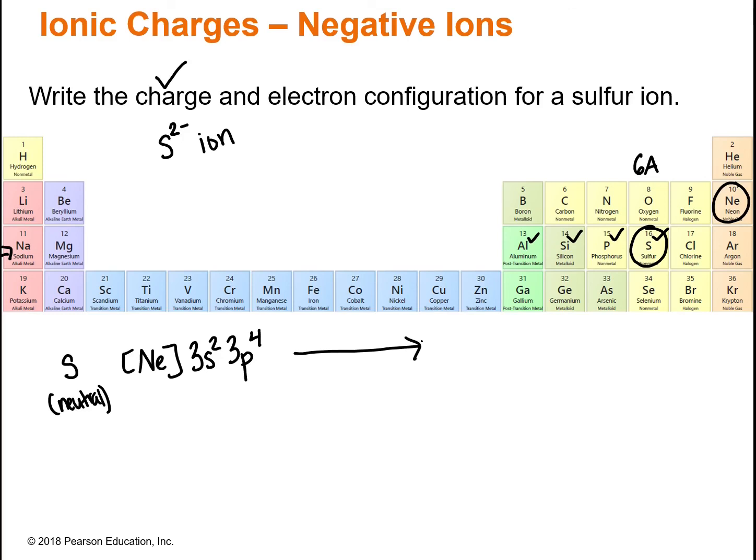Now we have a negative charge here, so that means that we are adding electrons. The charge tells you how many electrons you're adding. We're going to add on 2 electrons. The only place that you can add those is in the p orbital. So don't add any electrons to the s orbital, please. It will make me cry.